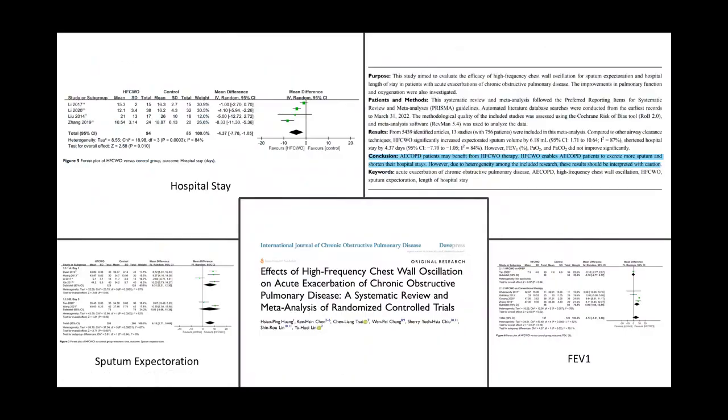In a meta-analysis of randomised control trials looking at high-frequency chest wall oscillation in acute exacerbations of chronic obstructive pulmonary disease, we have here the chart for hospital stay, and it favours high-frequency chest wall oscillation. When we look at sputum expectoration, again, in acute COPD, it favours it, and there seems to be an improvement in FEV1.